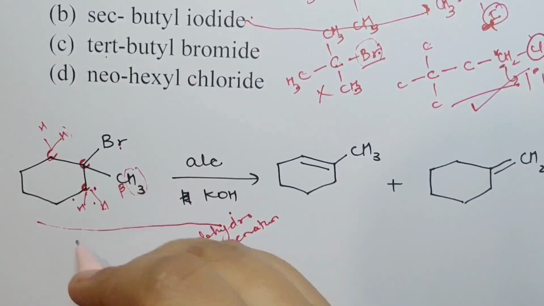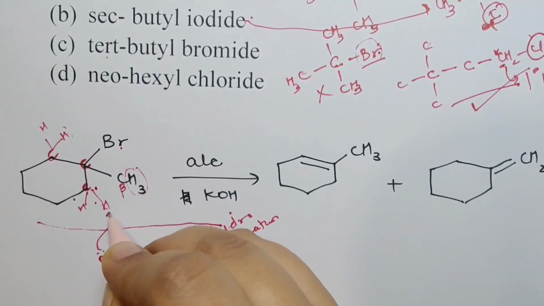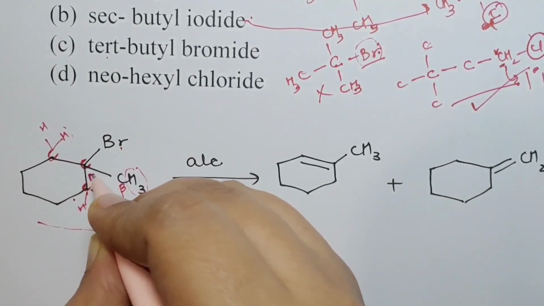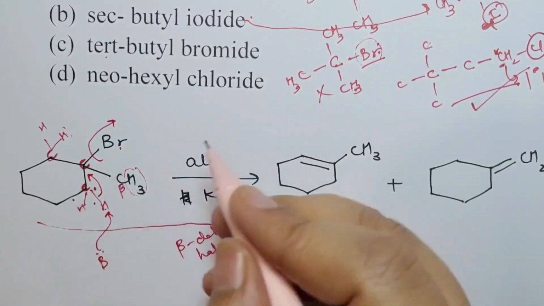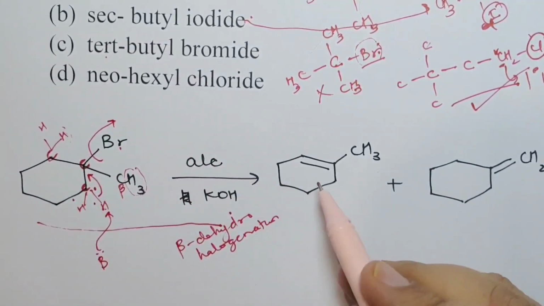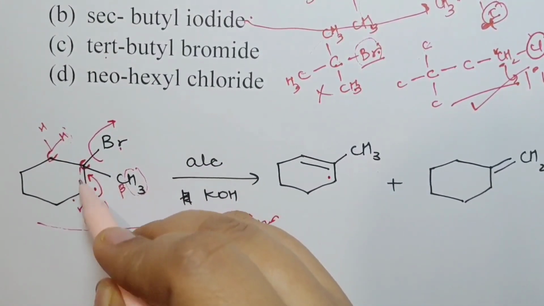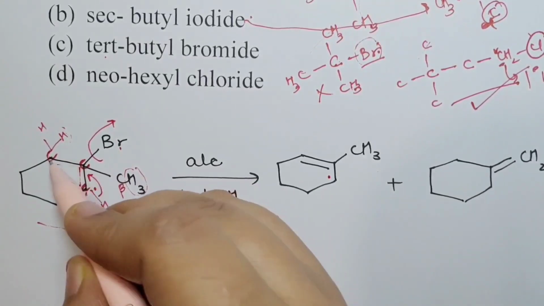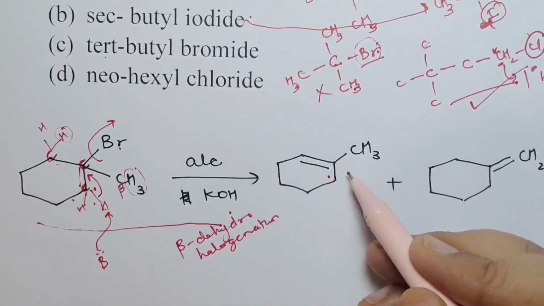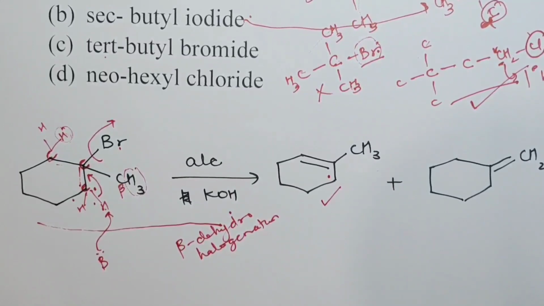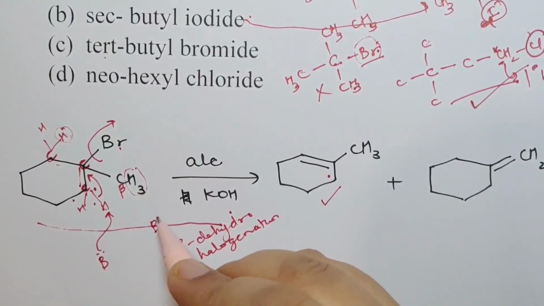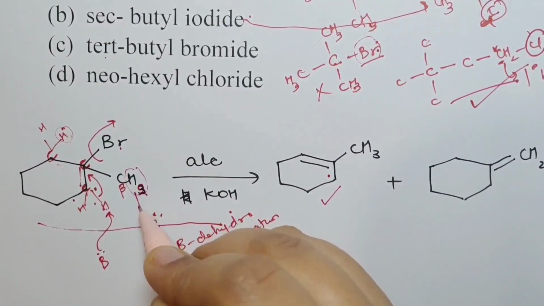So let's see. When the base abstracts this proton, these electrons shift here and bromide atom is released. So you will get this product. A double bond would come here, or you can do the same thing with this hydrogen also. The product would basically be the same. But when base abstracts, let's write it like this.